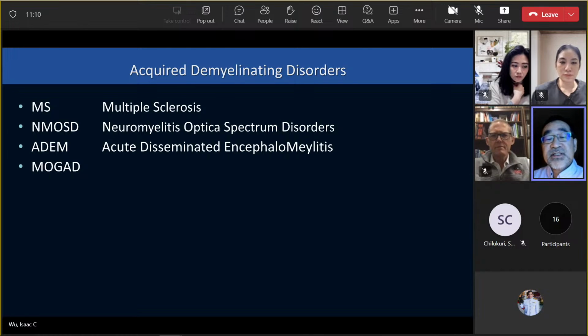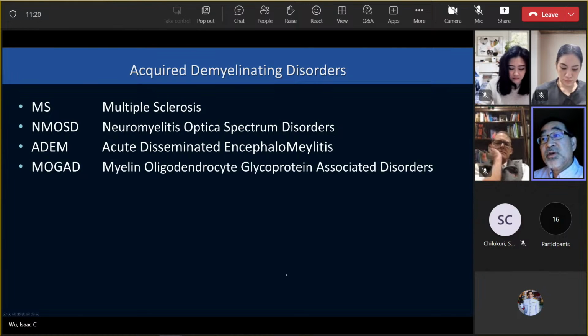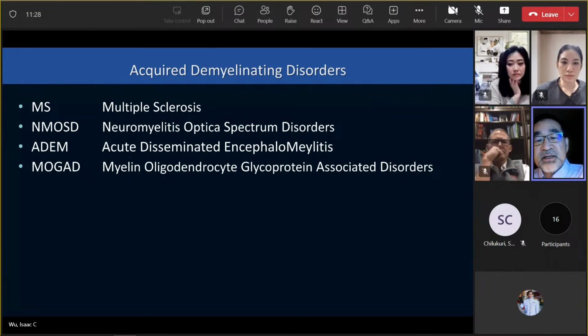I think many of these diseases are quite familiar to all of us, even if we don't really encounter them, at least we study about them in medical school. And some of the diseases that are probably not as familiar, especially to radiologists, would be things like MOGAD, which the clinicians, of course, know a lot more than us. So it's also something that is good for us to all learn about.